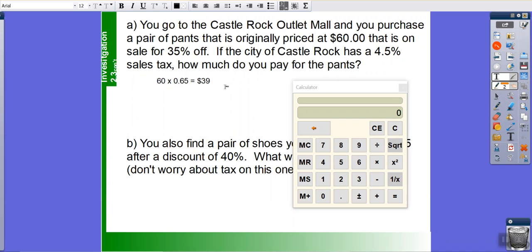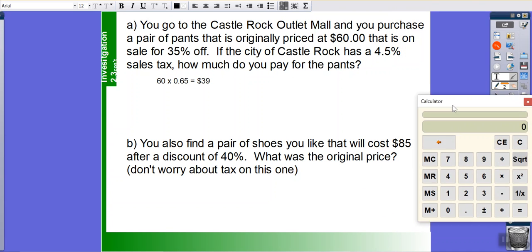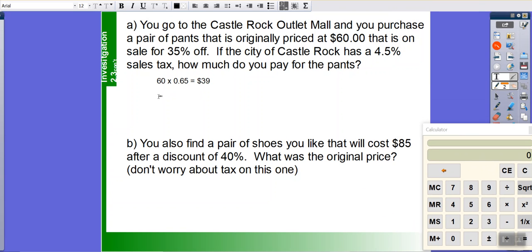So again, in the interest of efficiency, what I can do here is I am spending $39 on those pants, and I need to multiply it by the sales tax. Well, the sales tax is 4.5%. 4.5% is going to be 0.045.